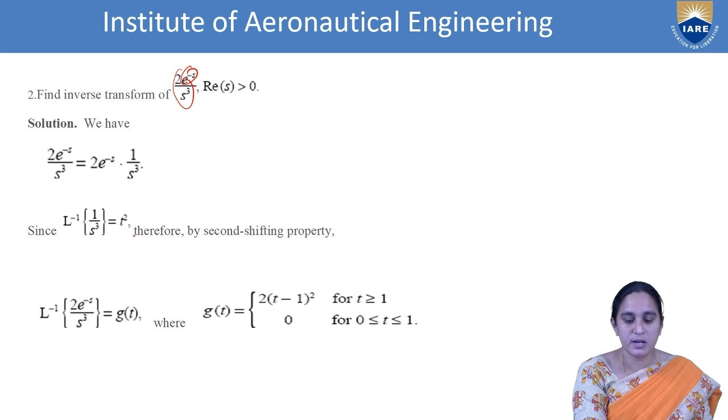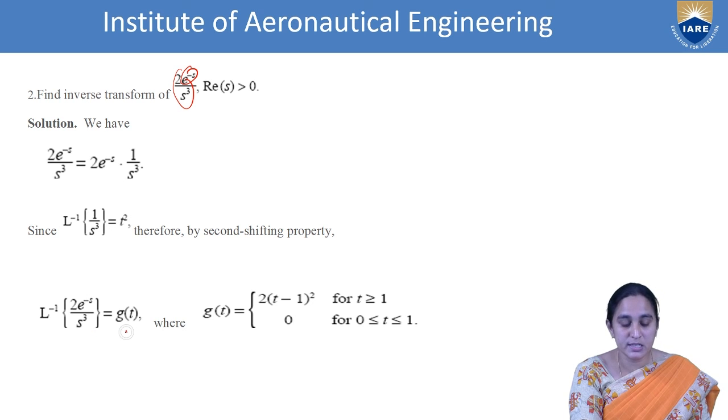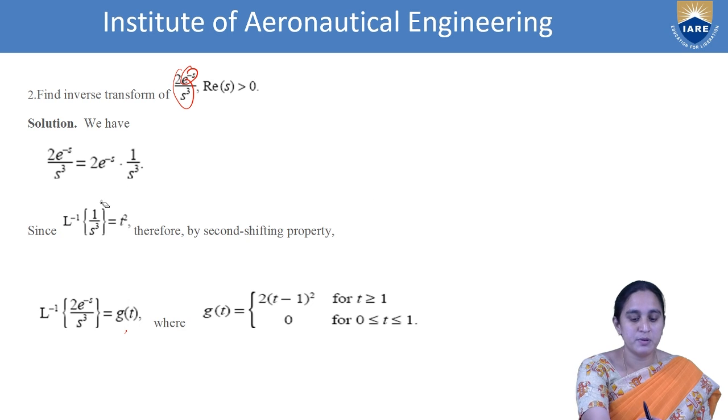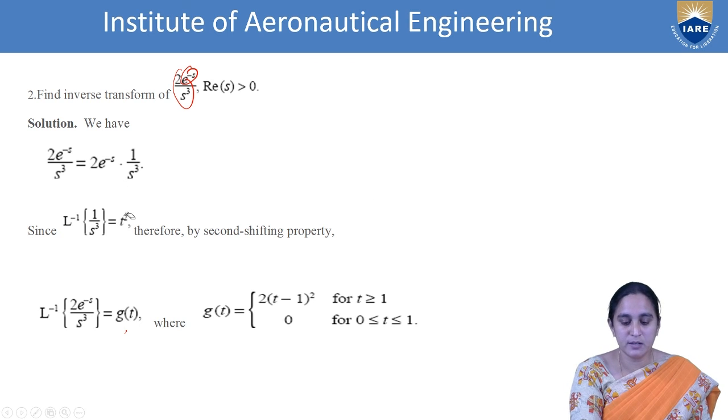That is t square by 2. Therefore, by using the second shifting property, Laplace inverse of 2 into e power minus s by s cube is equal to g of t. But what is g of t? Here we already know that the Laplace inverse of 1 by s cube is t square. For that I am using in the function g of t, t minus 1 whole square. What is 1 here? The e power minus s coefficient is 1.